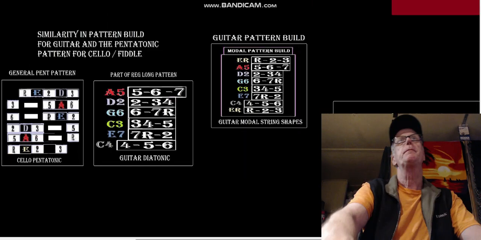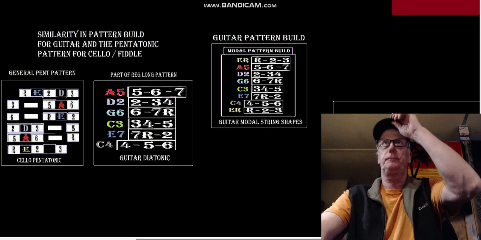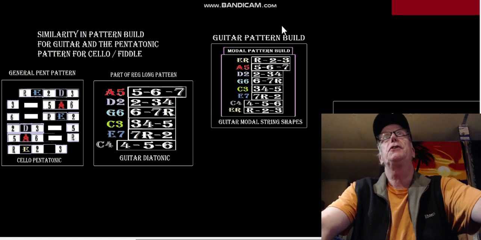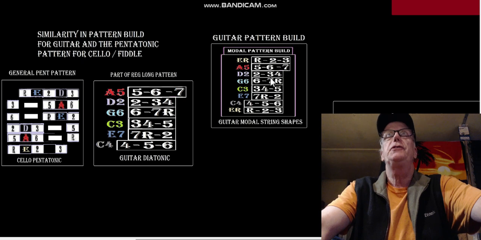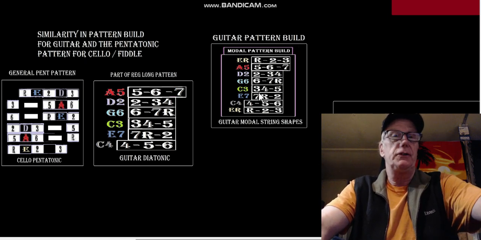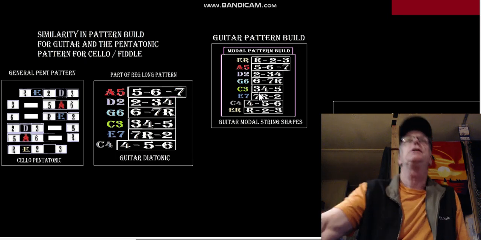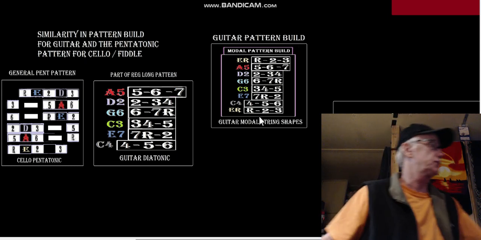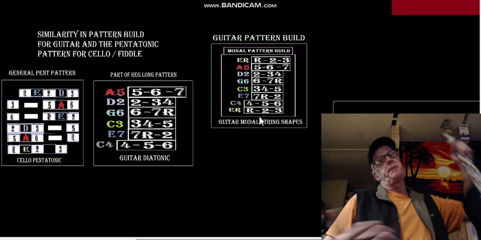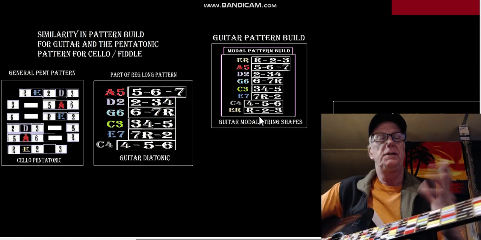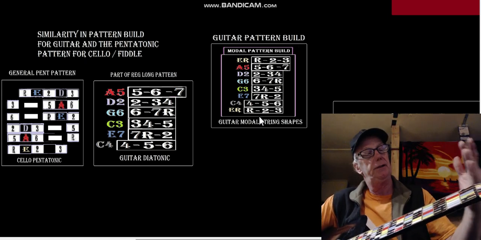Let's look. Okay, so right here we have guitar pattern build. As you know, this is in P4. The reason why there's no tuning third in there, there's no B to G string, is because we don't know what string we're going to start on. There's root 2, 3 on every string. Down C tuned, am I?